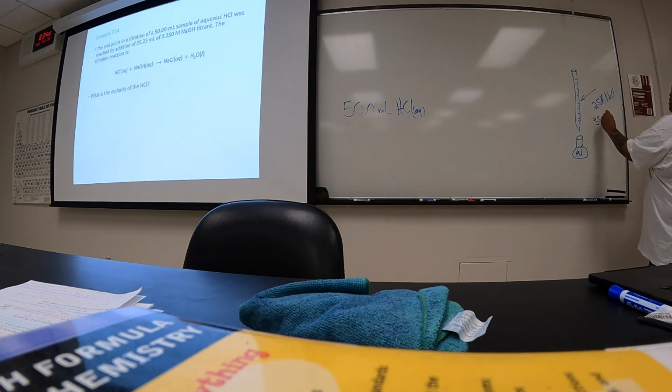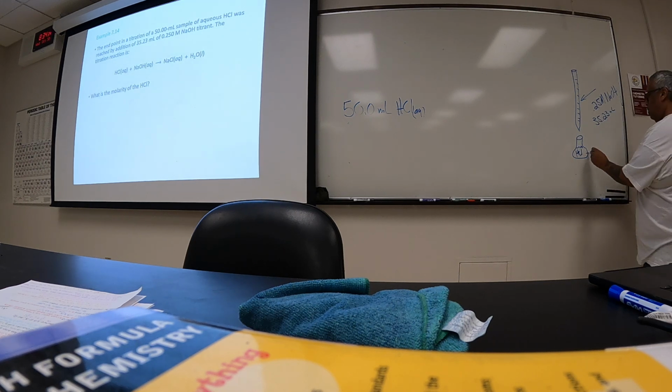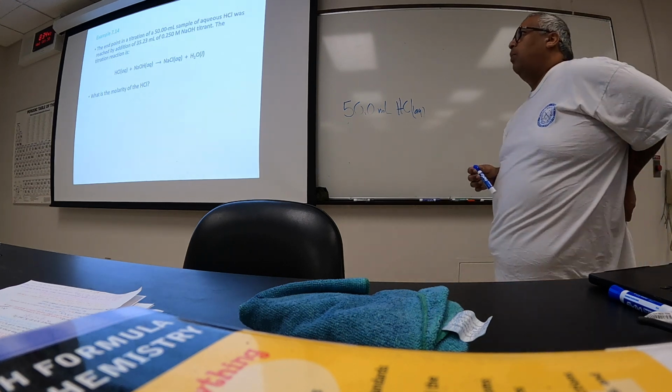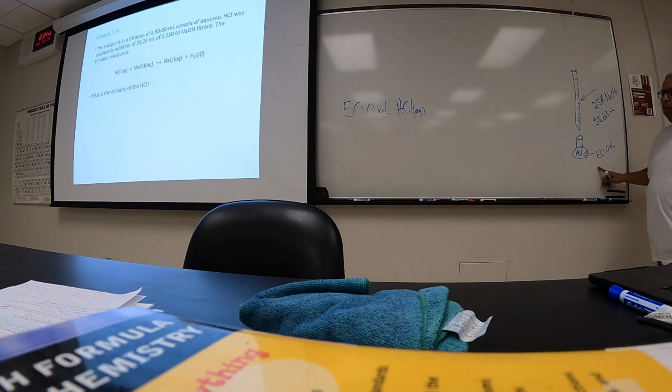So 35.23 milliliters of sodium hydroxide was used in order to titrate 50 milliliters of that hydrochloric acid. So what we have to do now is determine what this concentration is.